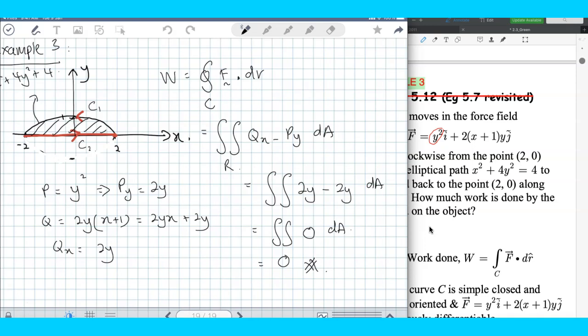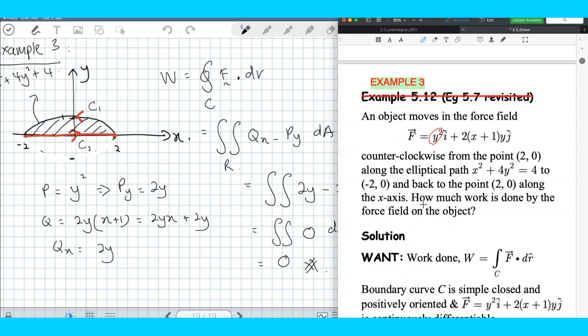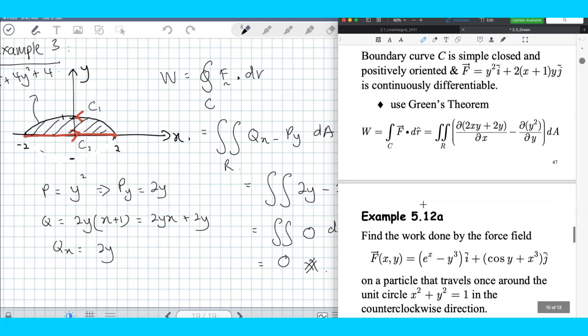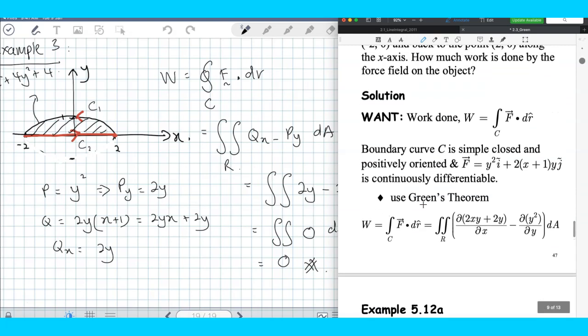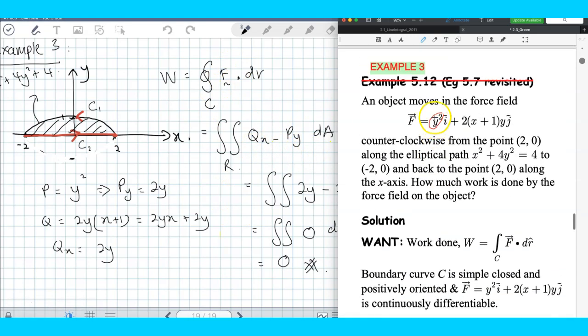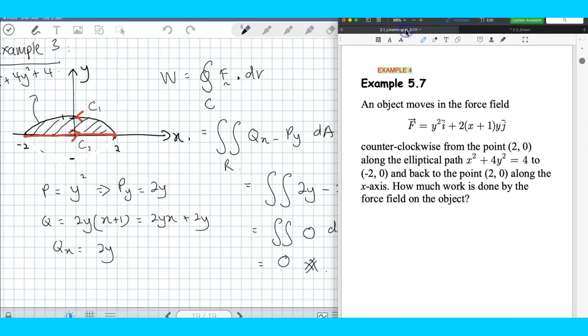But if it is not, then you have to go back to the standard calculation of doing the line integral. So the work done here is 0, the same as we discussed previously.